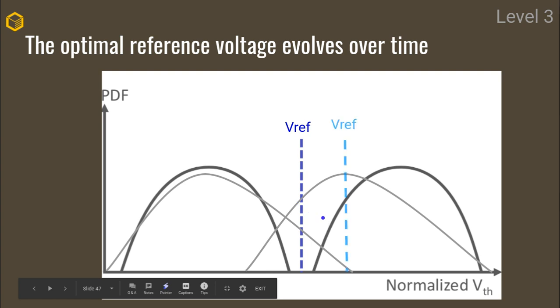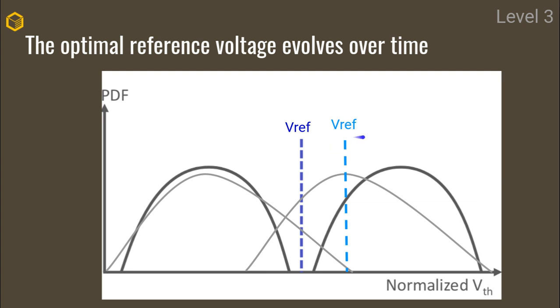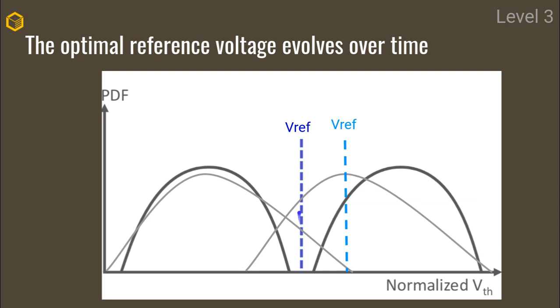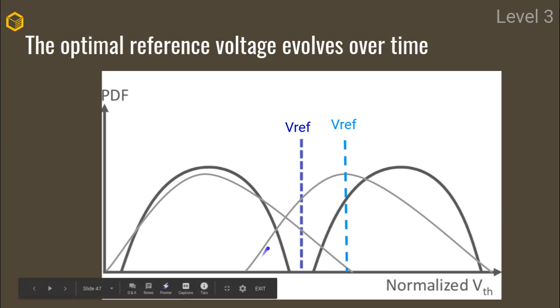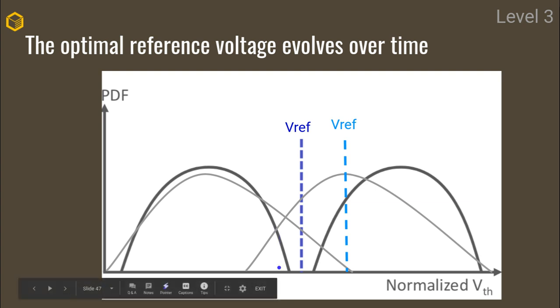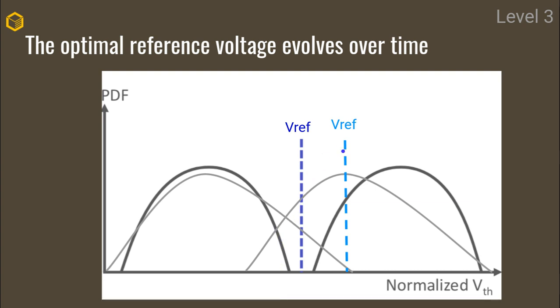And so in order to prevent this, I'm actually going to have to allocate and estimate a new reference voltage in order to prevent the number of misidentified bits. So what would this mean? Well, imagine I have my 0 value that has drifted to here. If I was still using this voltage reference, well, maybe the probability of me reading a wrong value with this voltage reference is higher than with this one. And so I would want to change the reference voltage in order to diminish the probability of me misreading my data.